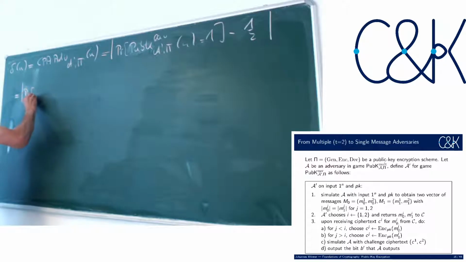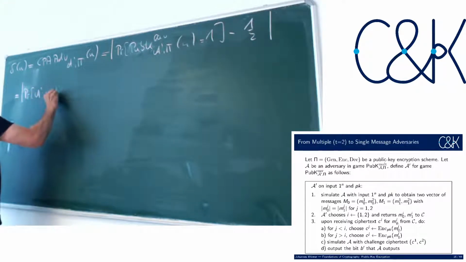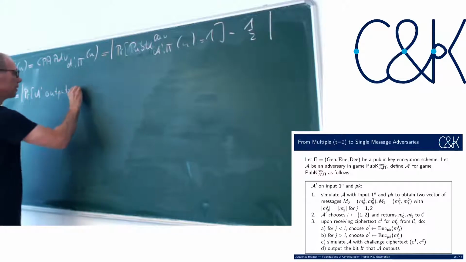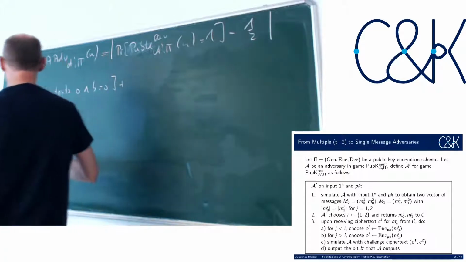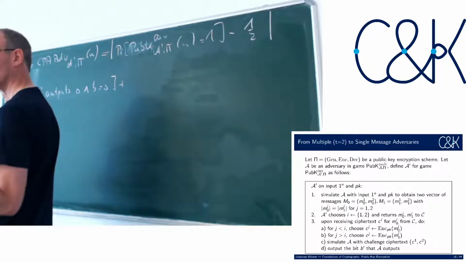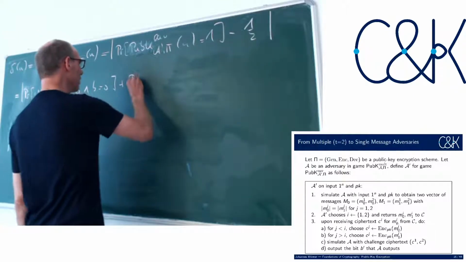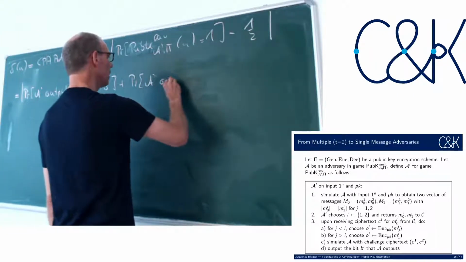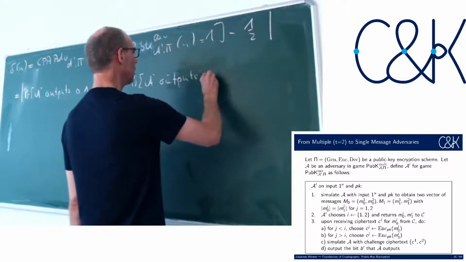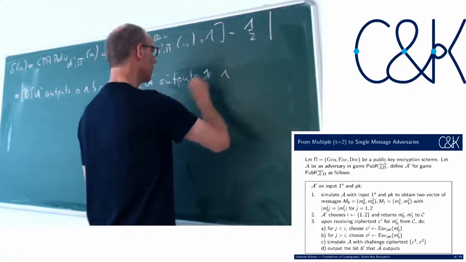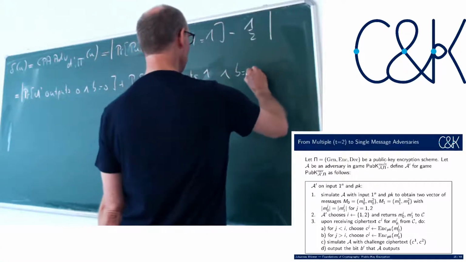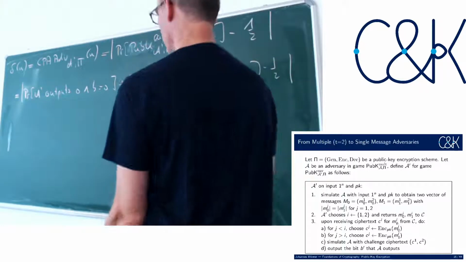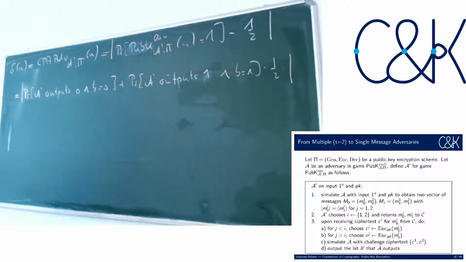These are disjoint events, right? So it's the probability A prime outputs 0 and b is equal to 0, plus the probability A prime outputs 1 and b is 1, minus 1/2, in absolute value. Sorry that my 1s and my n's are so hard to distinguish.